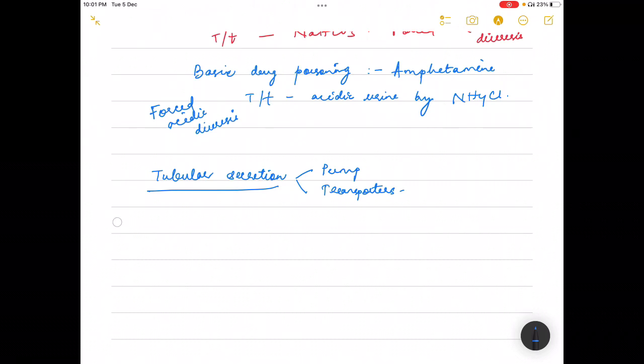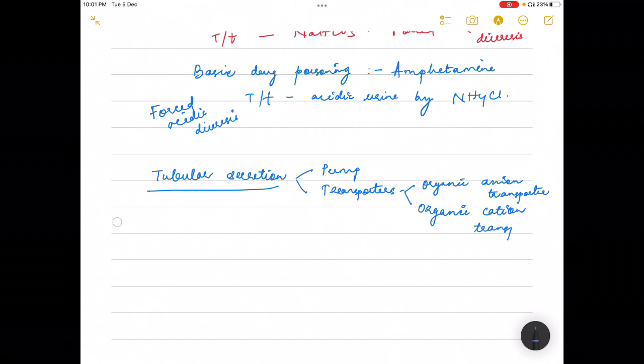So the transporters can be organic anion transporter or organic cation transporter. These transporters are saturable. So one drug can be transported at a particular time.